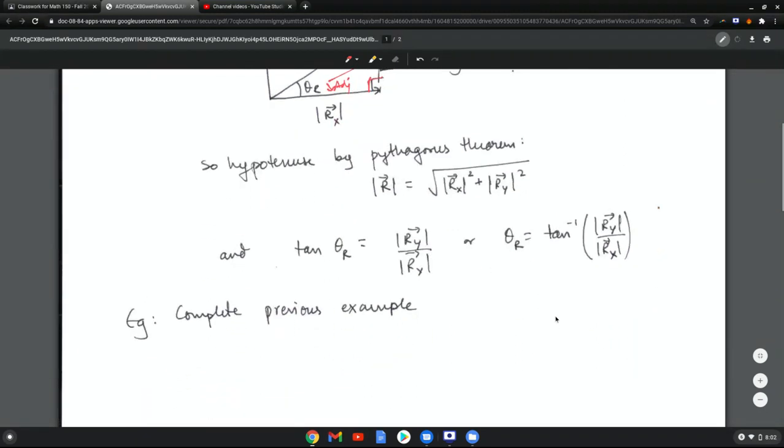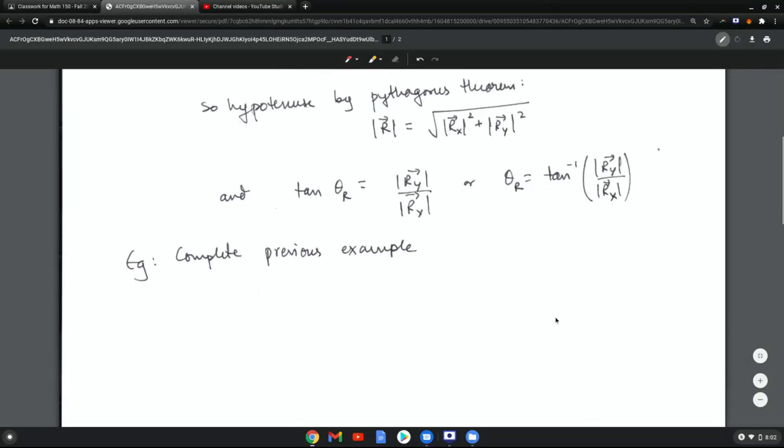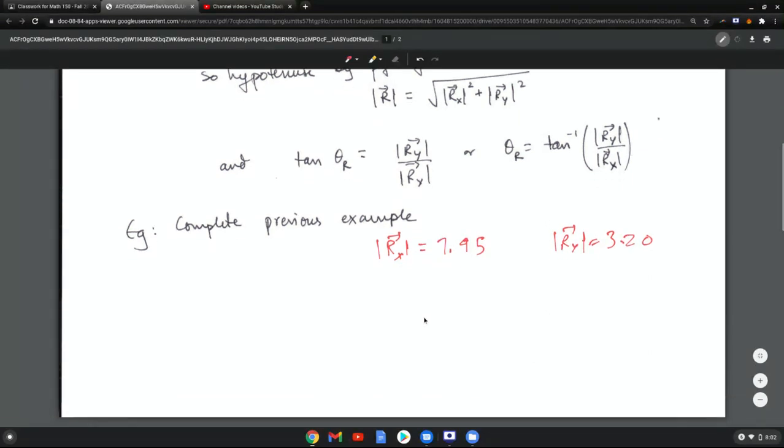Right, so in the previous example, let's say we end up with Rx is 7.45 and Ry is 3.20. This is not the number from the previous example. I'm just picking some random numbers here.